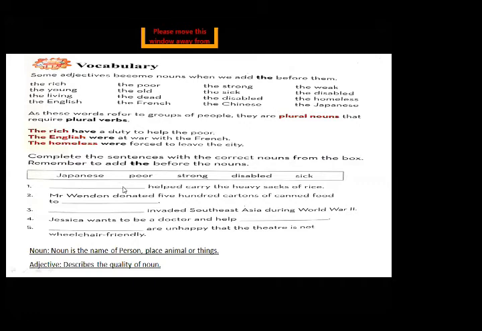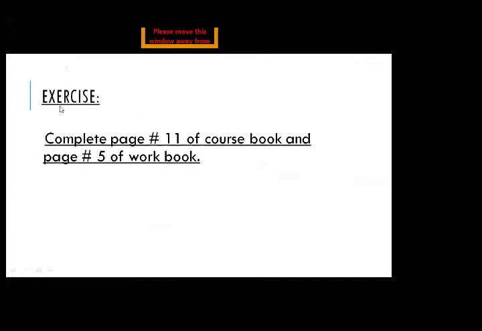Now I have solved one for you. The remaining four you have to do on your own in your books. You have to do them in your books only. Here are the exercises you have to do in your workbook and your course book. Okay, class?